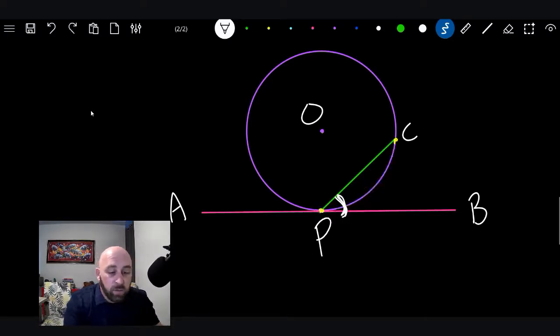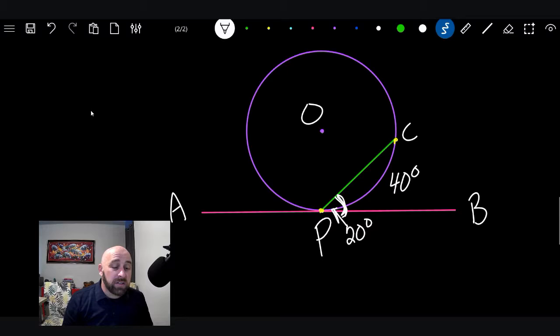If this chord is 40 arc degrees, then the angle it's intercepted by there is going to be 1/2 of that, so that is going to be 20 degrees. Okay, that would be 20 degrees. It's 1/2. And we can figure some other stuff out.